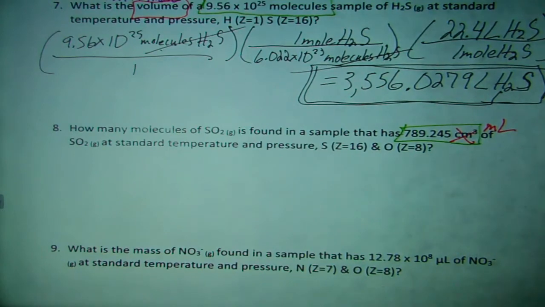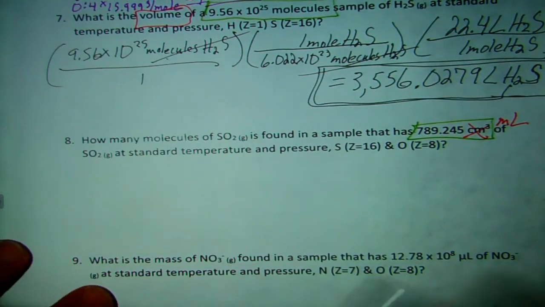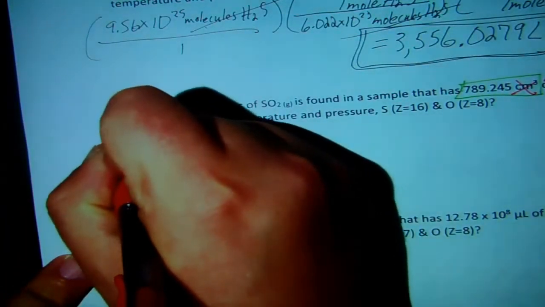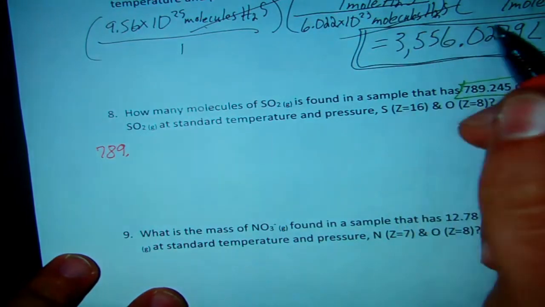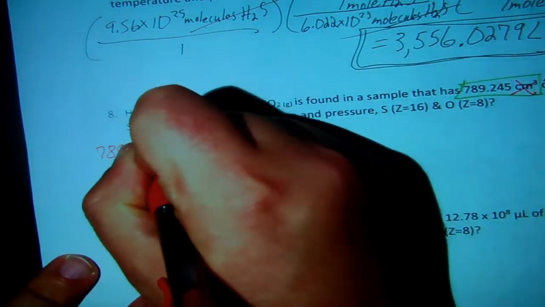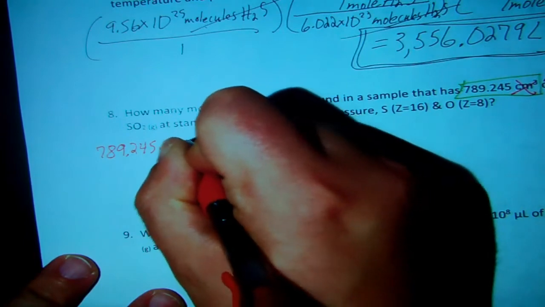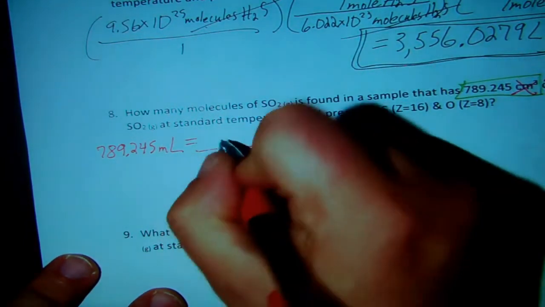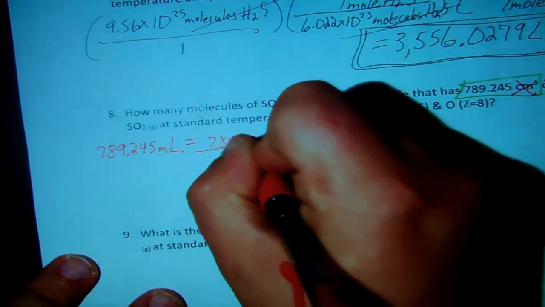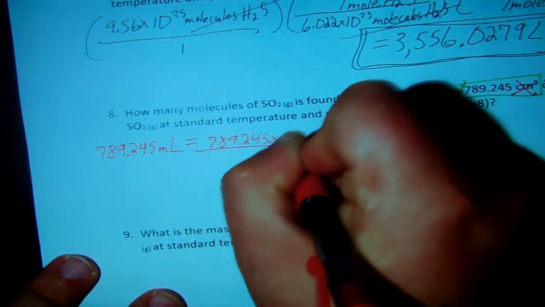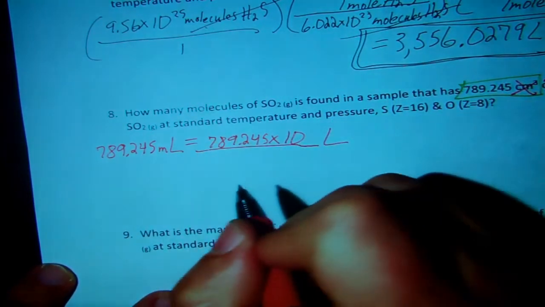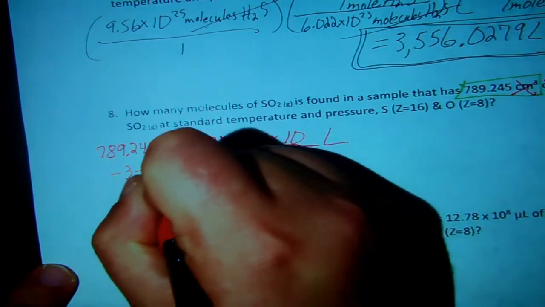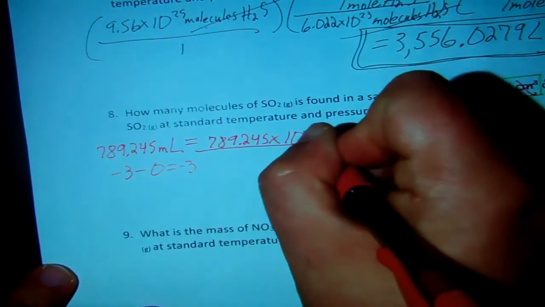So I need to convert that over, and I will start with 789.245 milliliters. I need that in liters, which is 789.245 times 10 to the -3. Milli starts at -3, liters is base, so 0 minus -3, so this is -3.